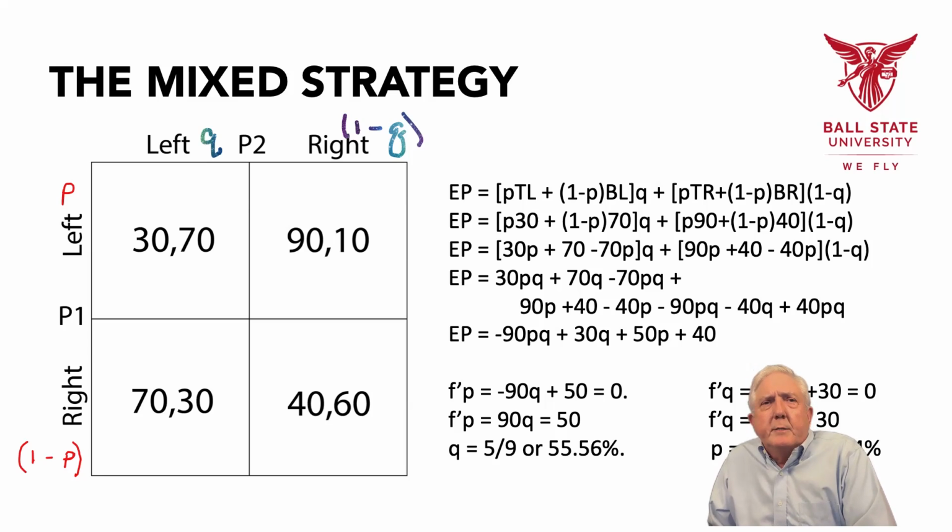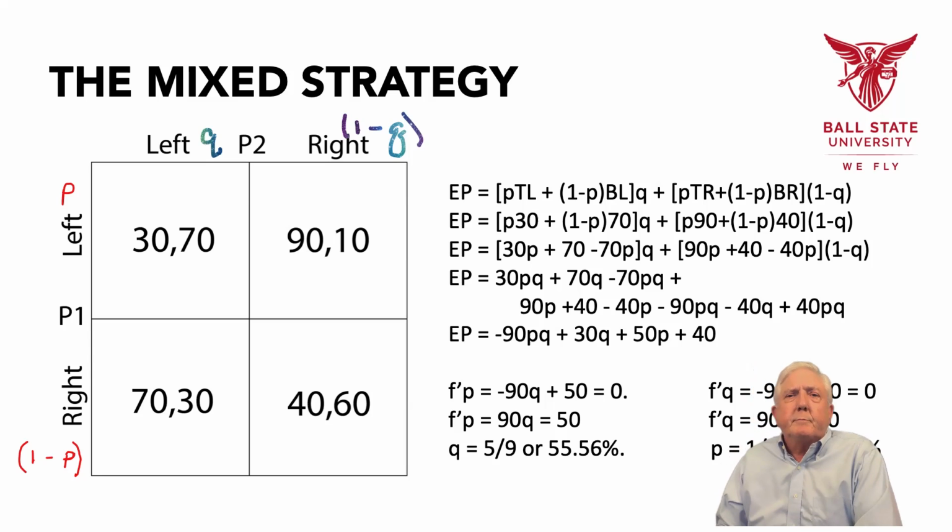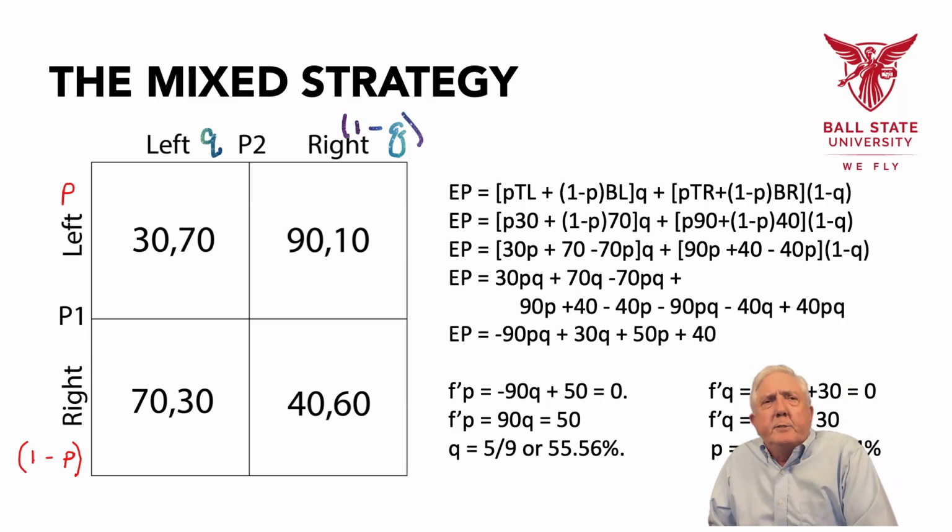And one of the cool things about normal form is if you solve it first, like we normally do, you'll find out something very interesting. So let's take a look at this particular game. If we solve this in terms of single play, if player 2 chooses left, player 1 will choose right.